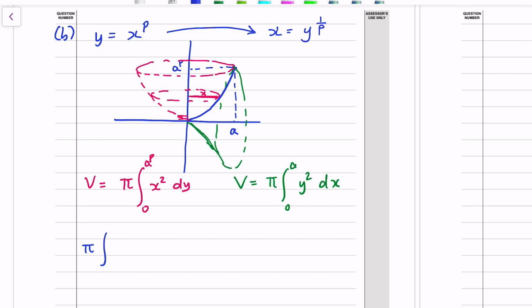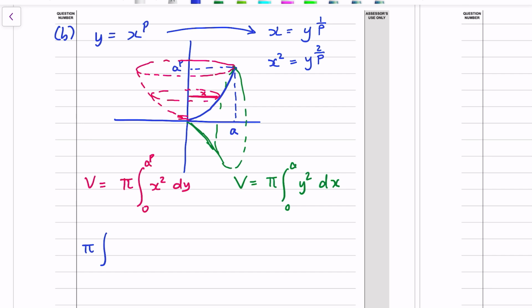We take a power of 1 over p on both sides, and therefore x squared, which is not related to the fact I've drawn a parabola or anything. The parabola is just there to get the idea of the shape, but we need the squared because it's r squared in the area formula for a circle. So it's going to be y to the 2 over p.